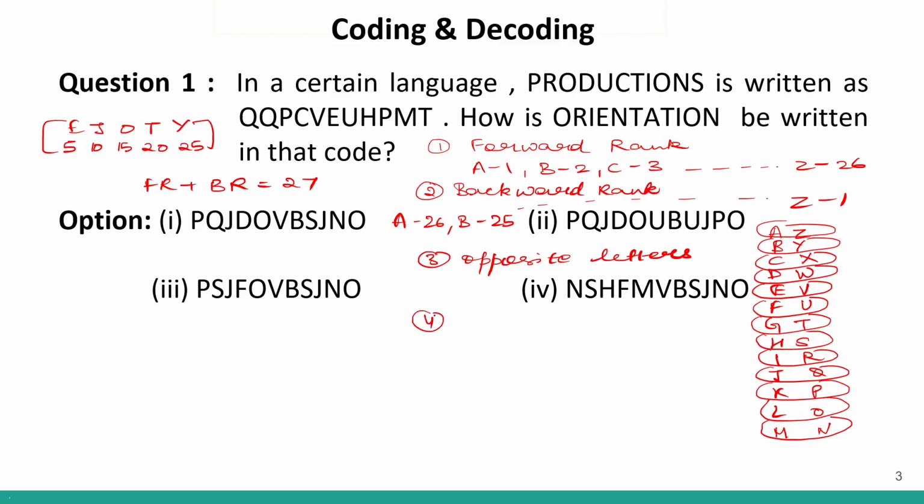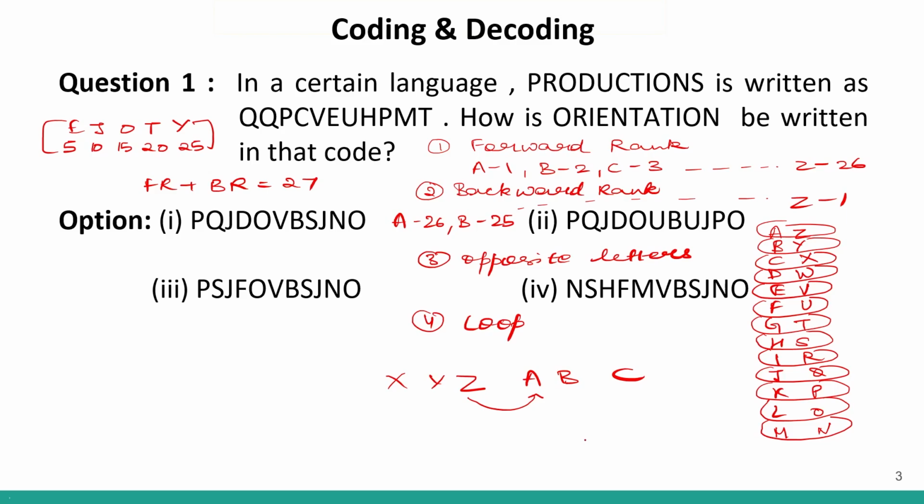And the fourth concept we will use is loop. What do you mean by loop? For example, from X, Y, Z. From Z, if I have to move one position forward, we don't have any alphabet after Z, right? So if I have to move one position forward from Z, I will start again from A. That is, after Z we move in a loop.